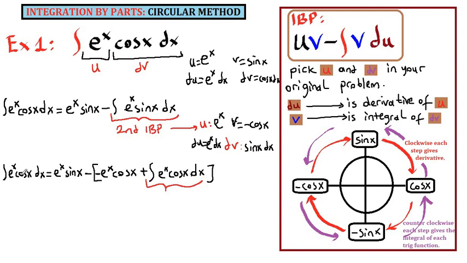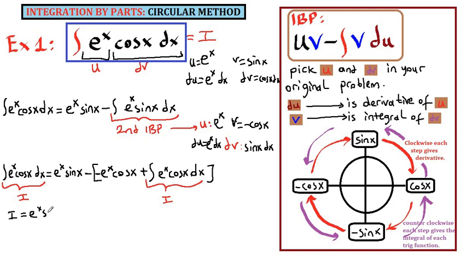So let's let this integral be I. Then let's plug in I. So this is going to be I, and this is going to be I. Then I is equal to e to the x sine x, and if we distribute the negative sign, it's going to be plus e to the x cosine x minus I, that's what we called it.